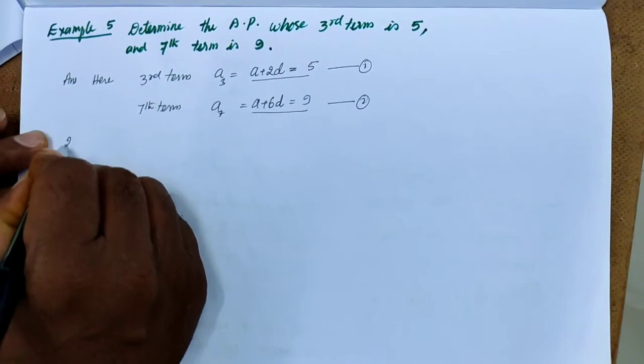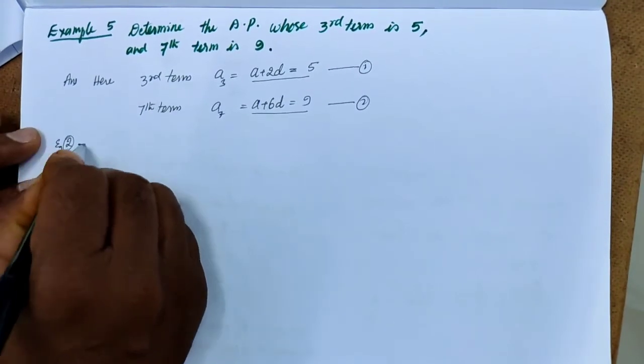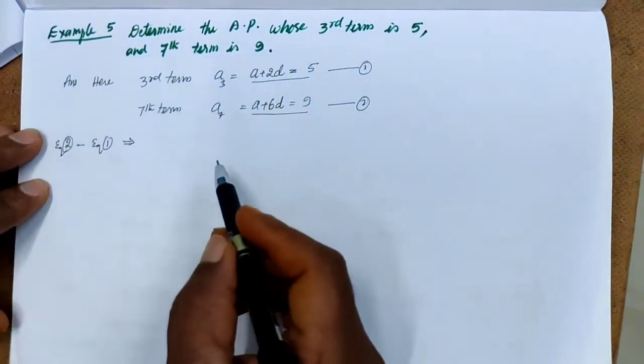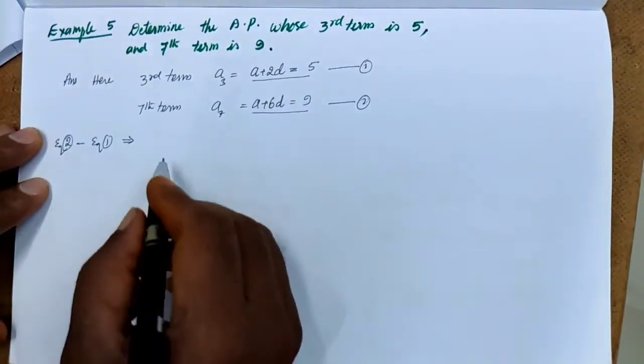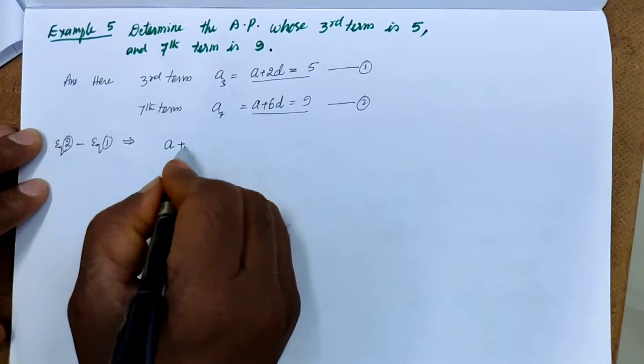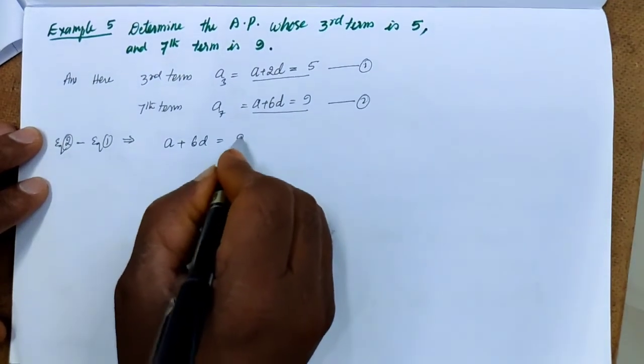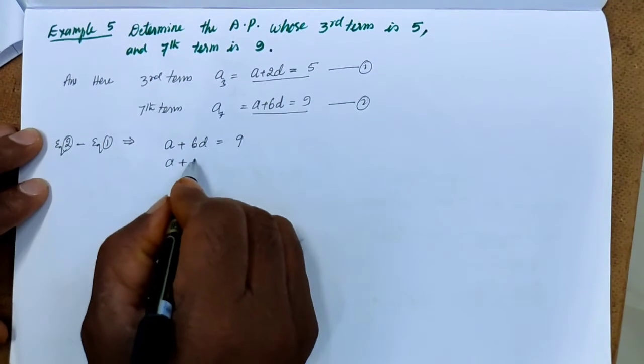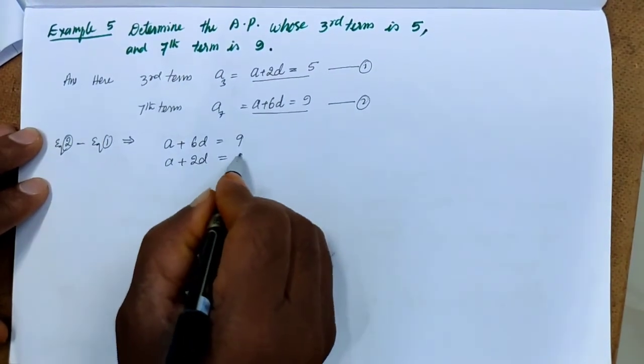Now equation 2 minus equation 1. So subtract equation 1 from the second equation. What is the second equation? a plus 6d is equal to 9, and the first equation is a plus 2d is equal to 5.